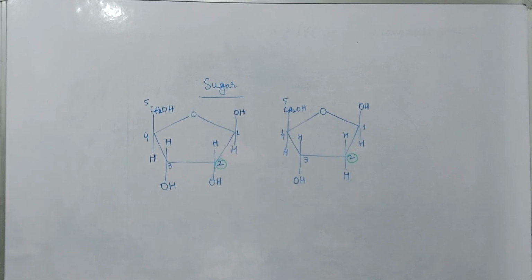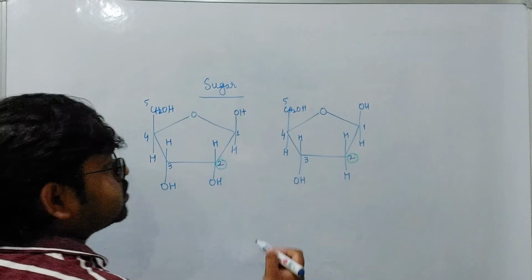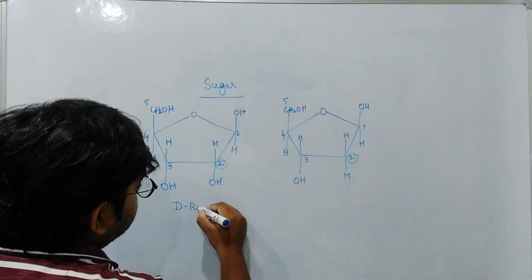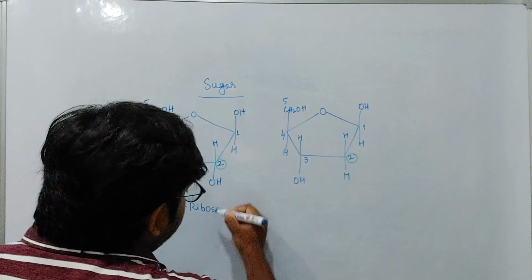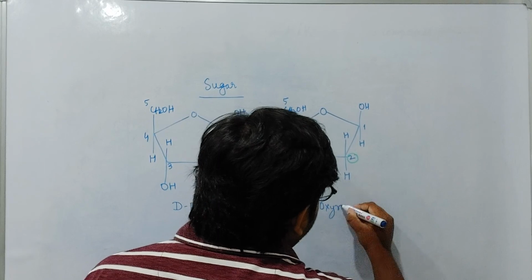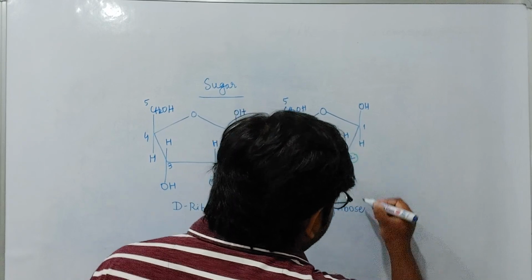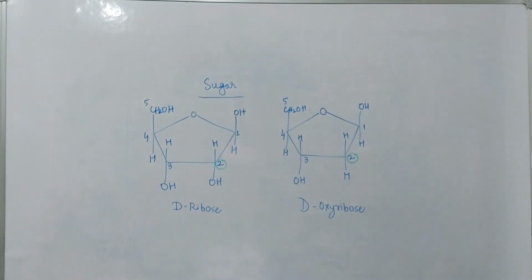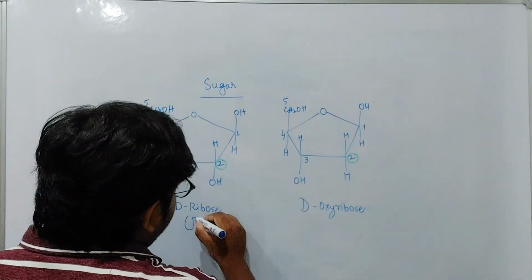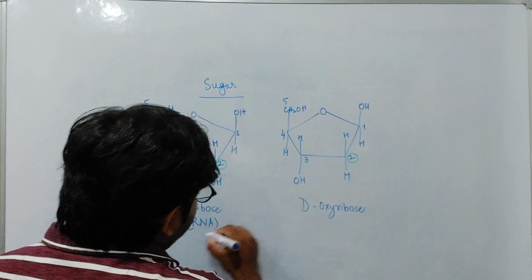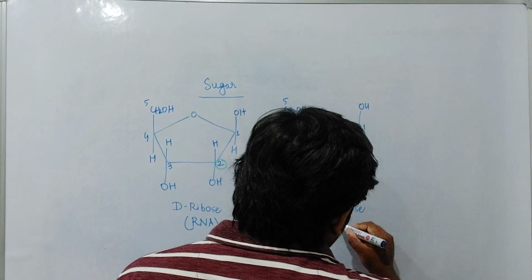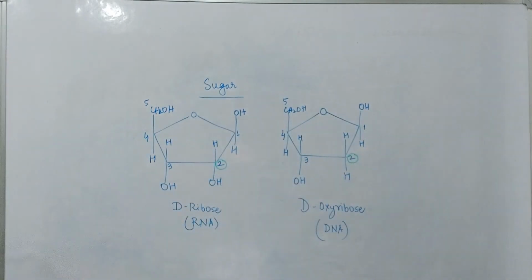The first one is D-ribose and the second one is deoxyribose. So this ribose is found in RNA and this deoxyribose is found in DNA. All right.